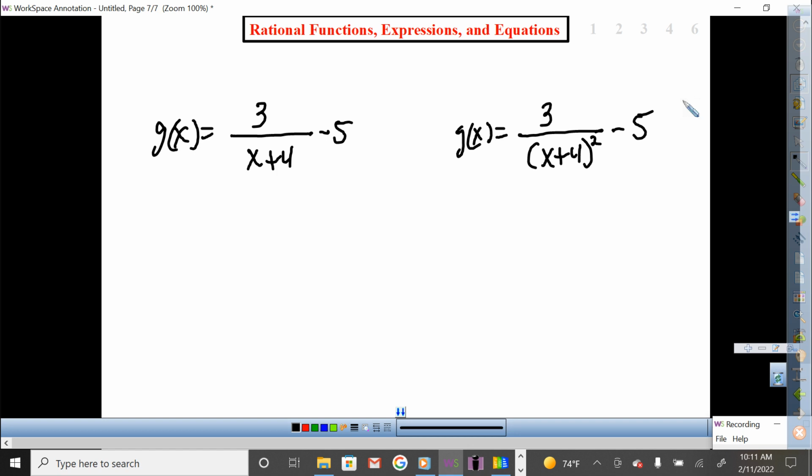All right, so yesterday, like I said, we covered this, and we said that the denominator is what tells us which kind of graph we have, right? So if you notice, this one doesn't have an exponent, this one does have an exponent. So let me ask Leo, what kind of graph is this one?